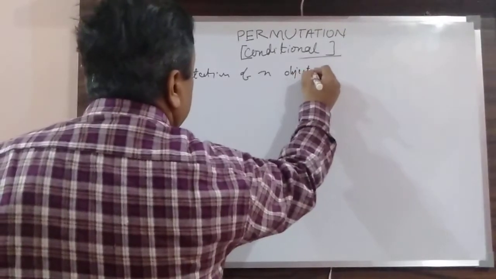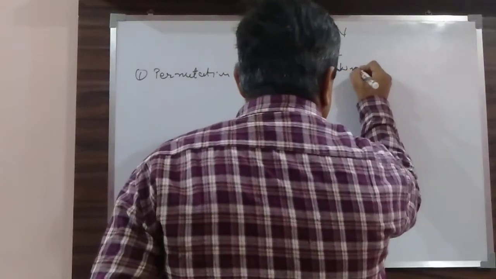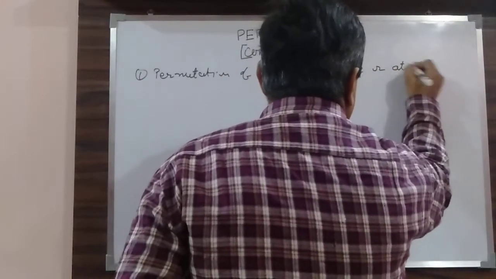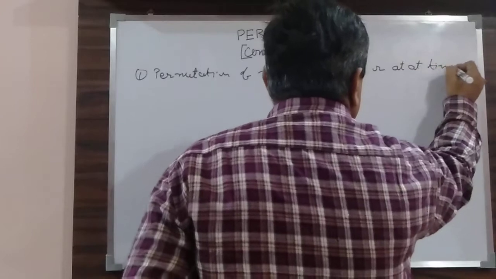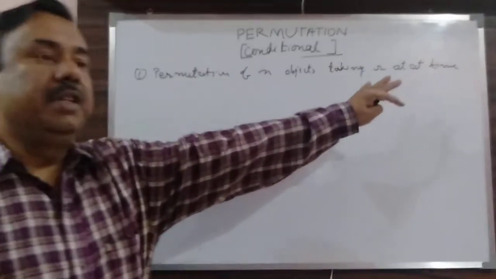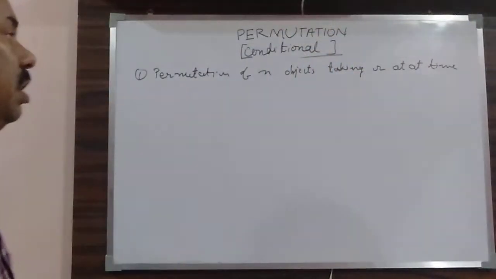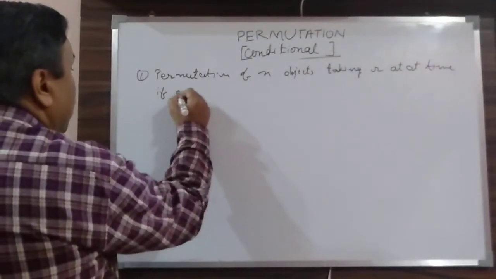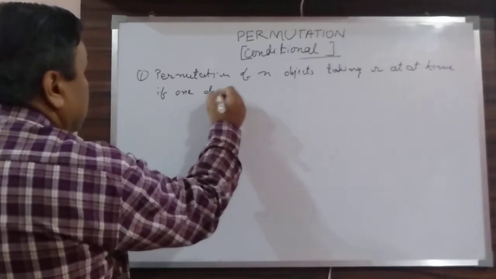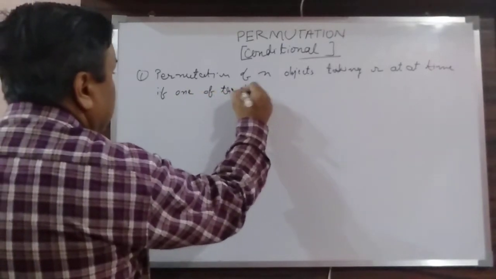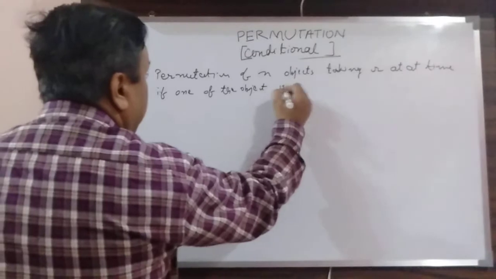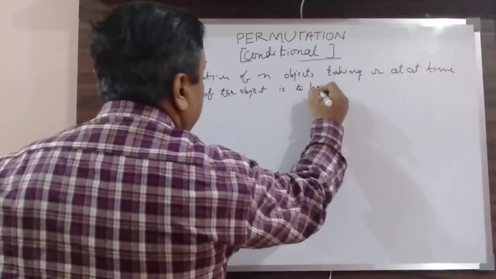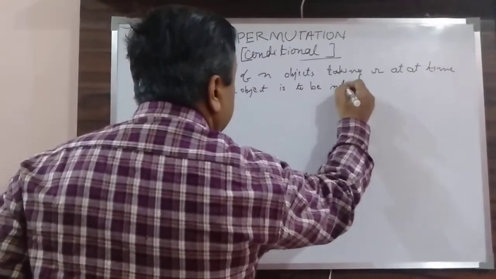permutation of n objects taking r at a time. Till now everything is okay, but the additional condition is that one of the objects is to be included always.